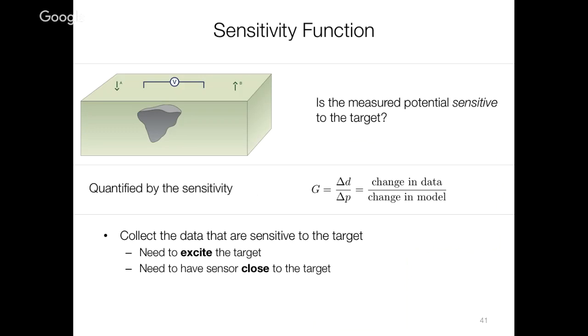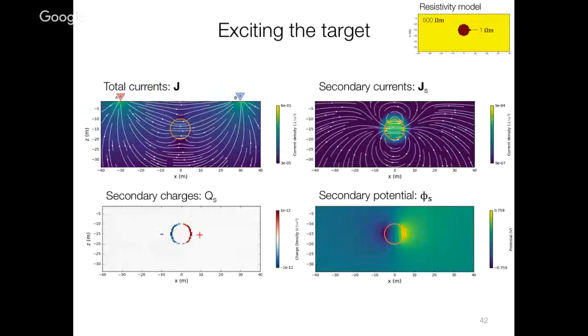It's helpful to think about these two things being separate. So let's think about exciting the target. Put the currents in, as we did before, and you can see quite clearly all these charges that are built up.